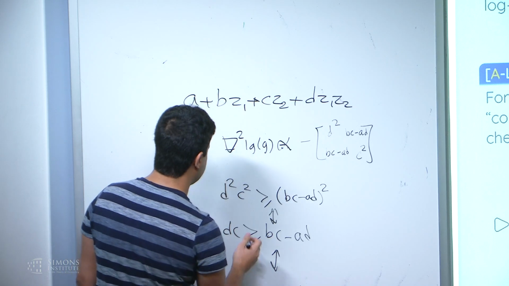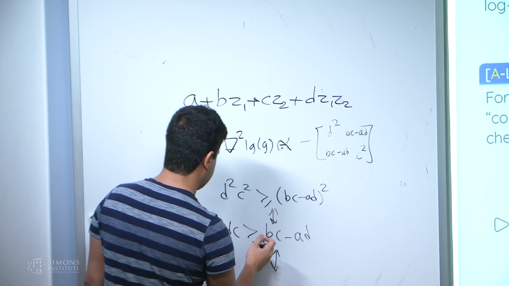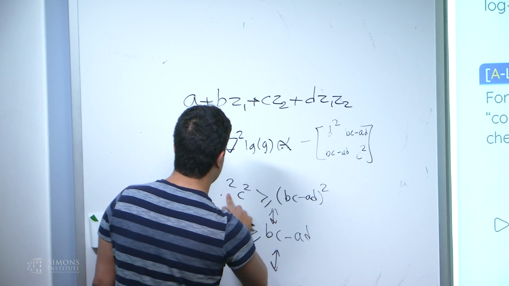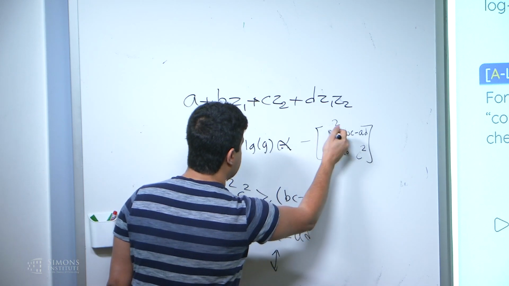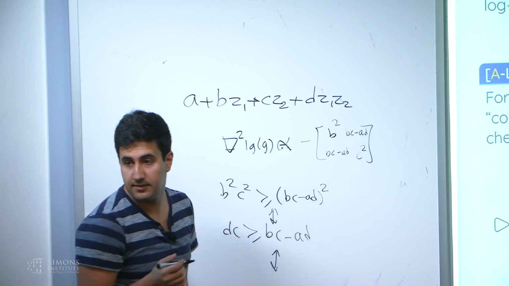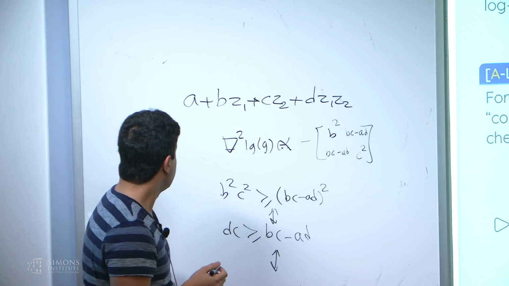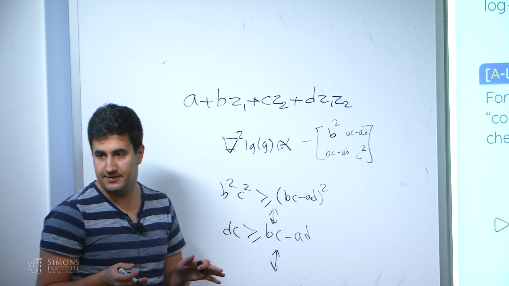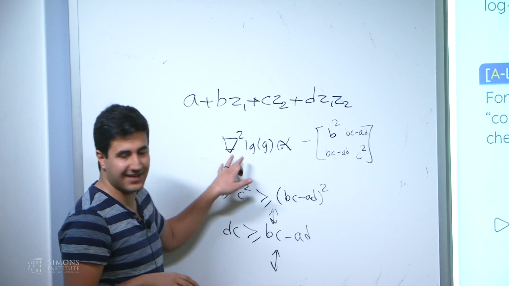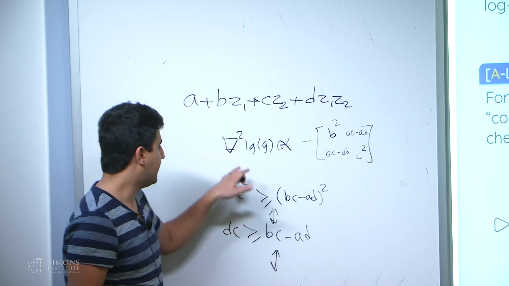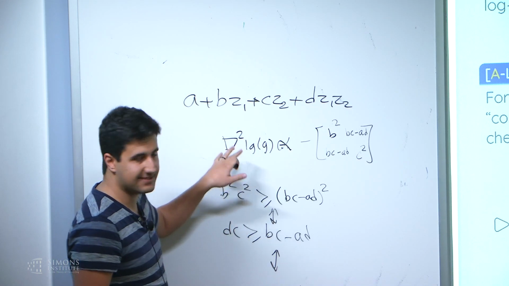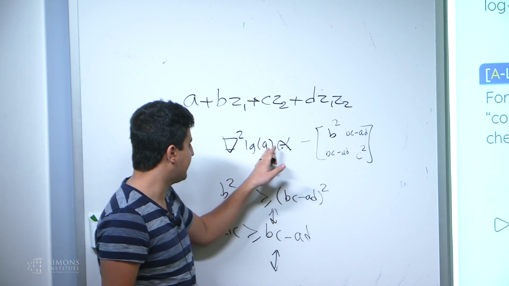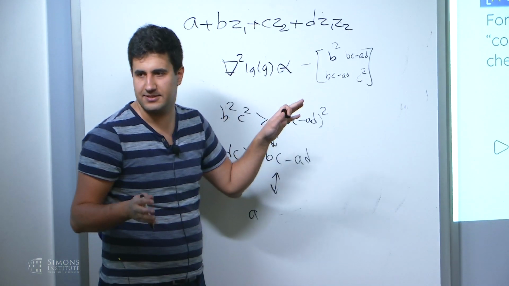Don't you want the negative on the other side? Sorry, did I? That's b on the top left. Yeah, this should be b. The inequality of the other one? Determinant. So you want the Hessian of the log to be negative semi-definite, right? So I'm not working with the Hessian of my polynomial this time. I'm looking at the Hessian of the log of my polynomial, which is this thing divided by g or something like that.